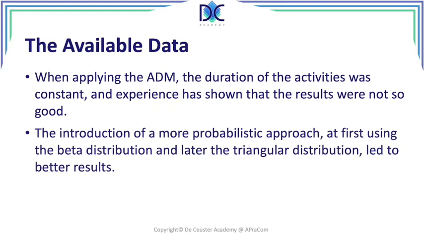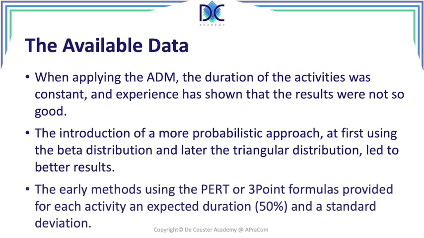When we look back at the origin, we found that people were using a beta distribution and later a triangular distribution. The triangular distribution is typically used when we are not really certain that the duration of the activity follows a beta distribution pattern. Now we can use both of them. The formulas are a little bit different, and that's the only difference that we have here.